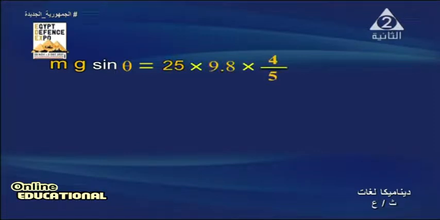And mg sine theta equals 25 times 9.8 times 4/5 equals 196 Newton.